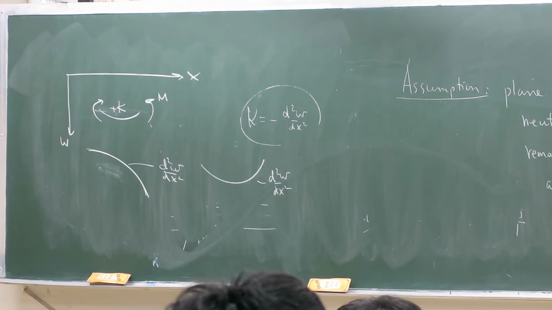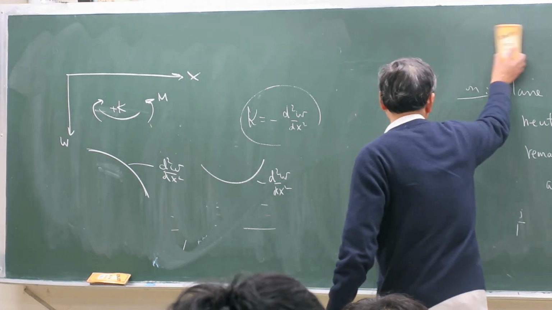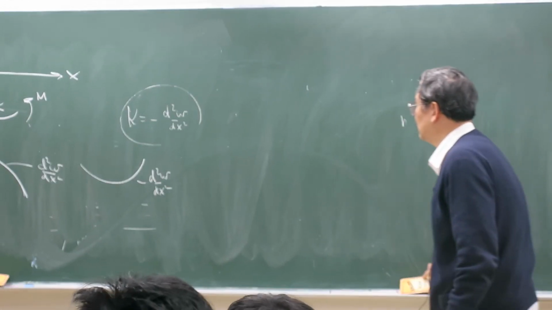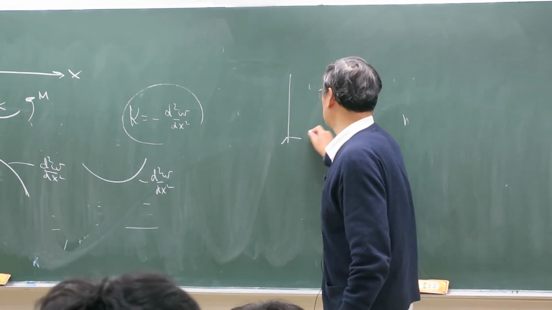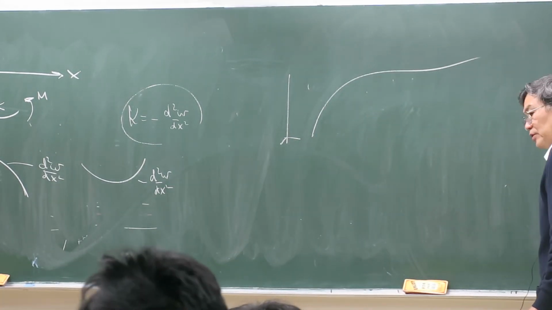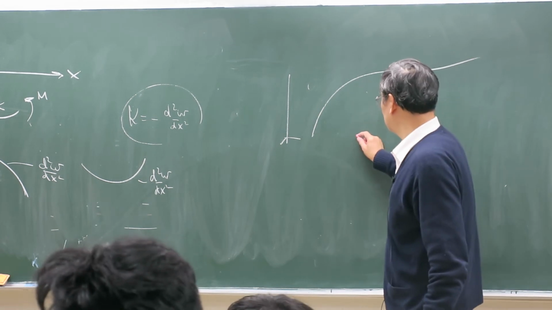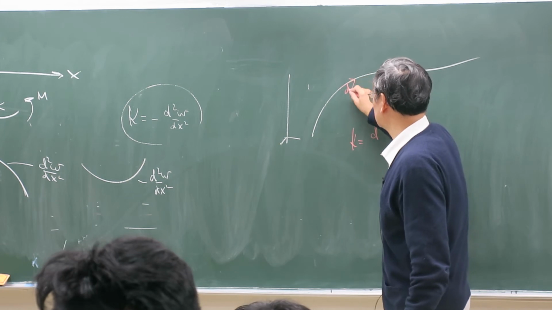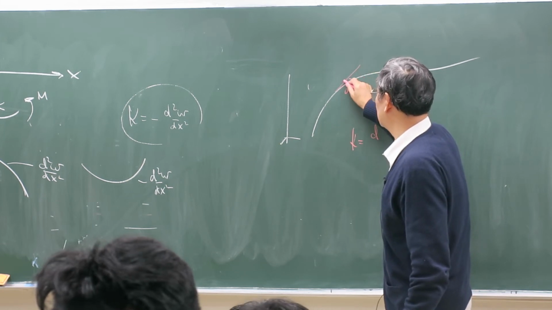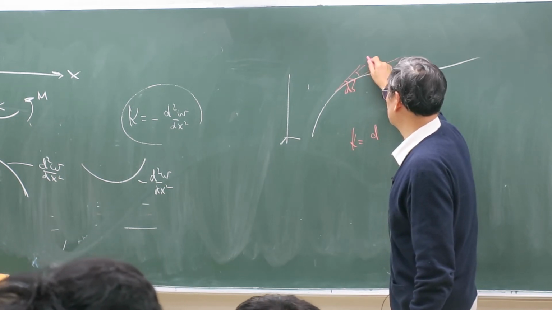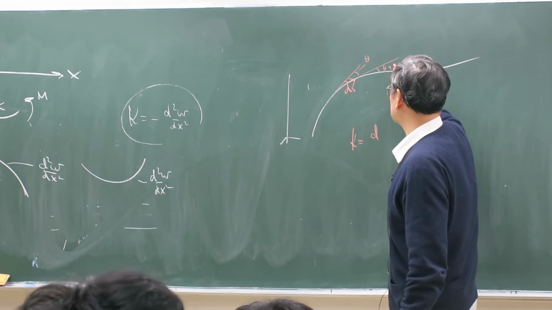Understand what I mean? And in mathematics, what is the definition of curvature? In the calculus of geometry, curvature means the change of theta, for example, this is theta and this is theta plus d theta, per ds.